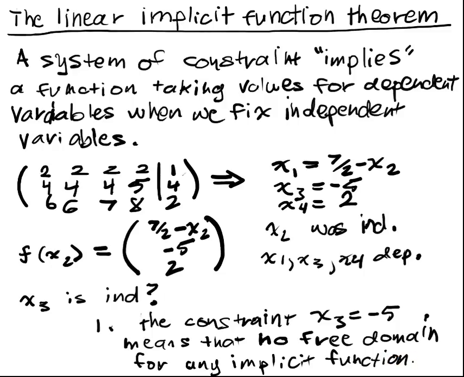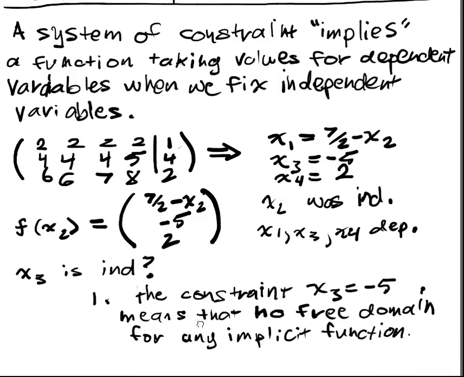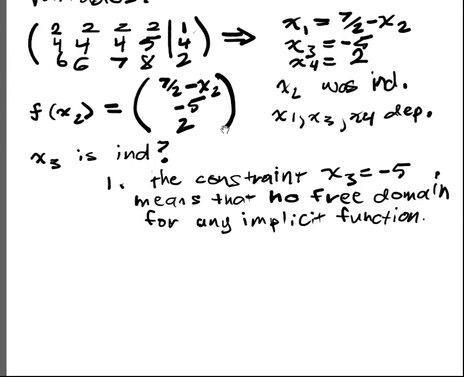That is, I can't just plug in any x3 and have a solution to the system. I can't do that because, of course, the system has to have that x3 is equal to -5 in order for it to be a solution. So that's one thing that kind of went wrong.